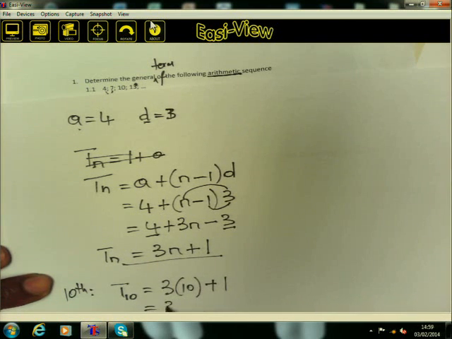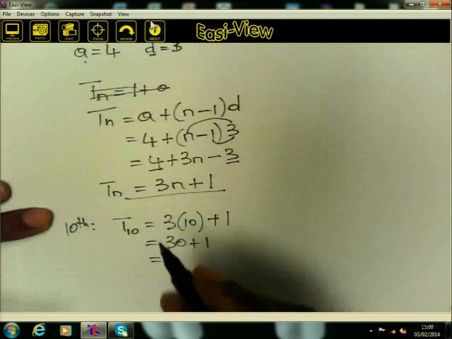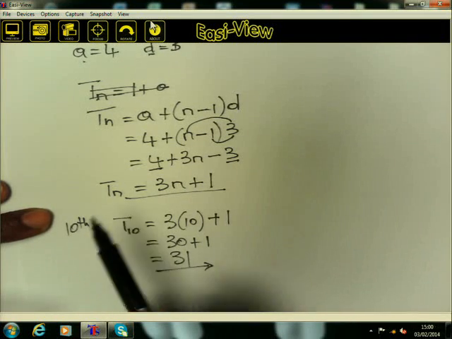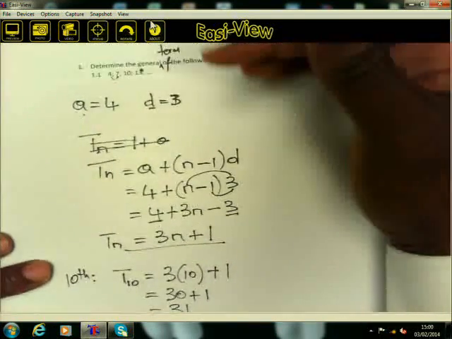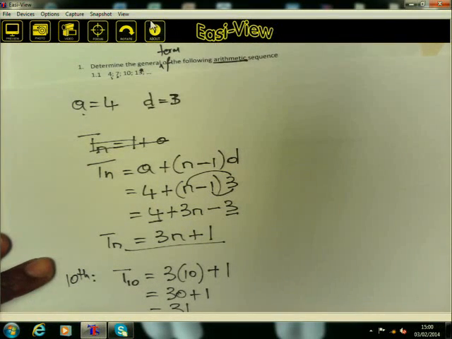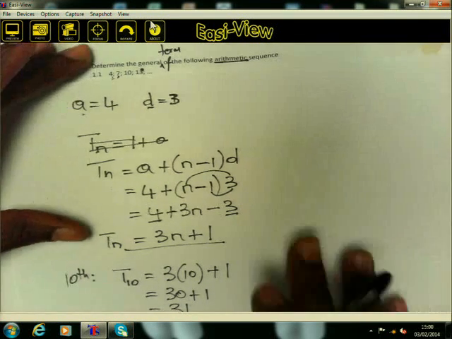So that will be 30 plus 1, which gives us 31. 31 is term number 10 of this specific sequence. I hope we are together, and then we are just going to take something like 5 minutes to do the next one.